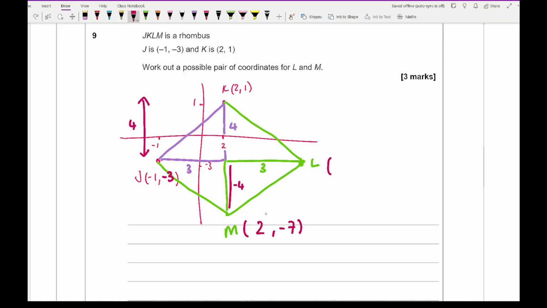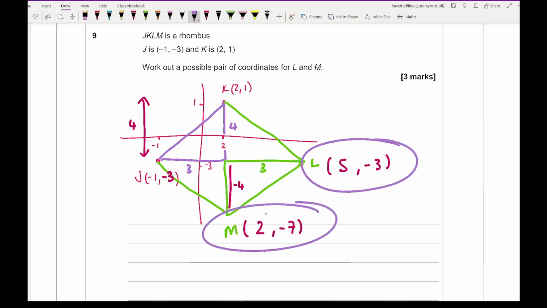Then for L, that's going to have the same y ordinate as J, which is -3. But the base of that triangle, which is 3 from 2, is going to be 5. So a possible answer is L equals 5, -3 and M equals 2, -7.